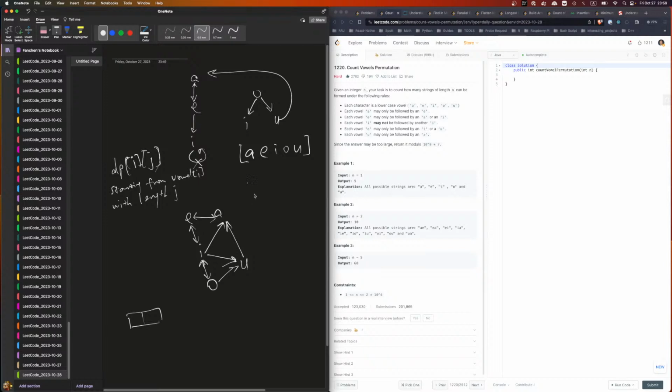So the length, let's do 5, just give it a shot and see if we can get 5 out.